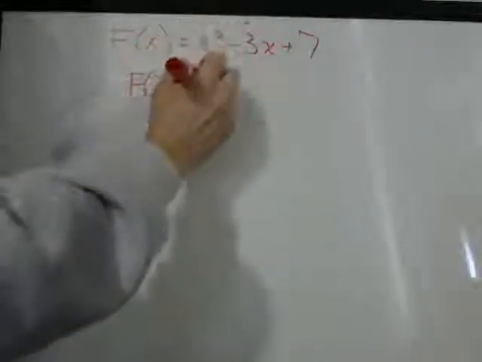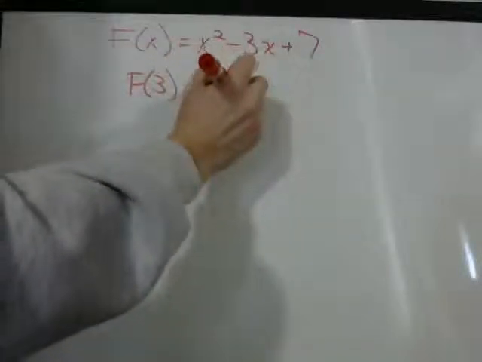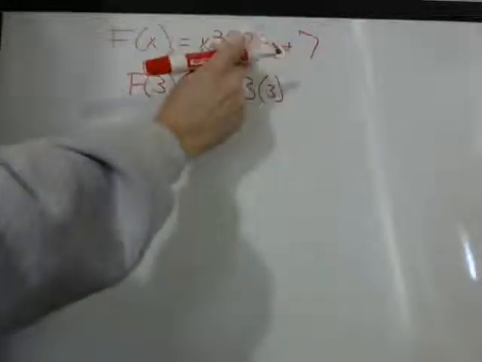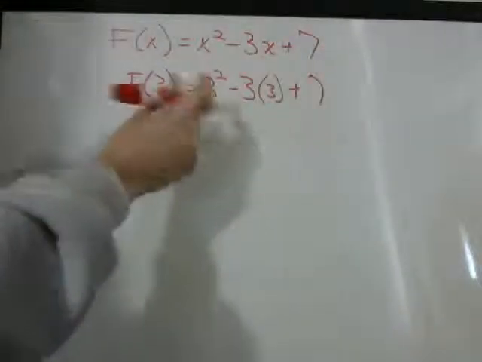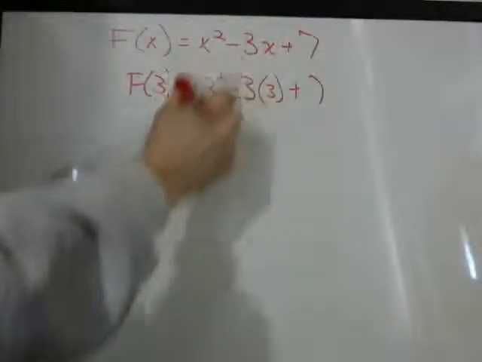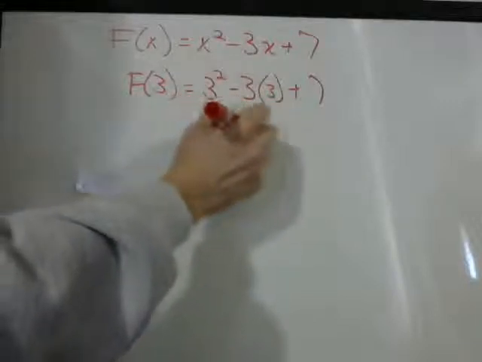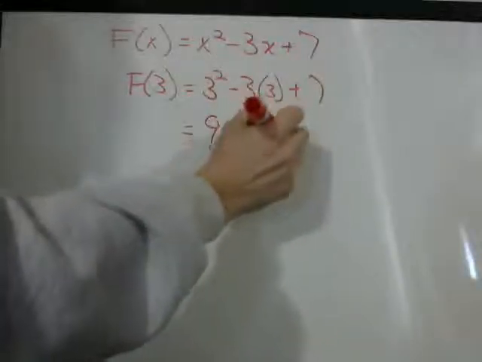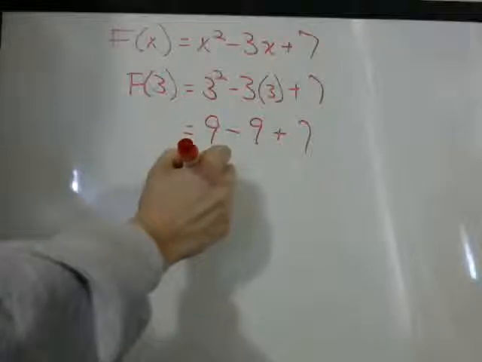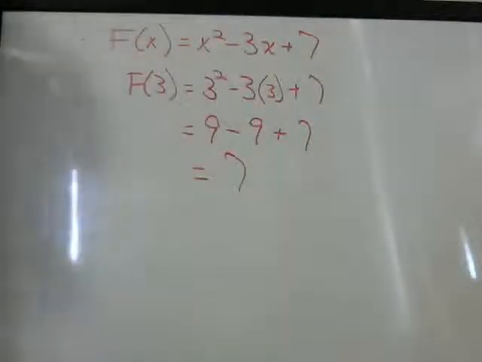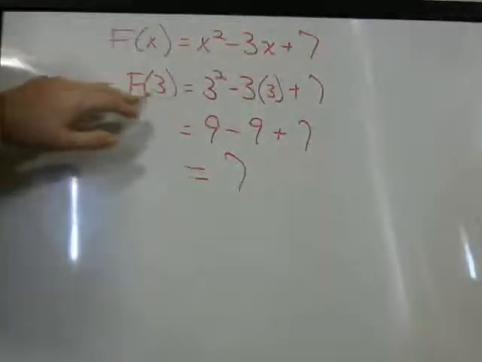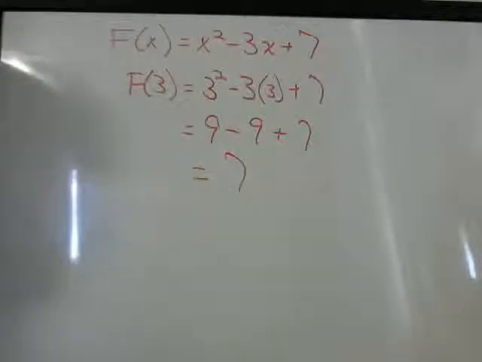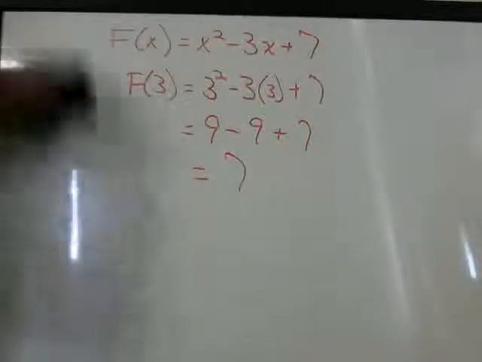So instead of x squared, you're going to say 3 squared. 3 times, instead of x, 3. Because remember, 3x means 3 times x, plus 7. Then you just evaluate that. 3 squared is 9. 3 times 3 is 9, plus 7. 9 minus 9 plus 7 just equals 7. So the answer, what is f of 3? It's 7. We'll do one more.